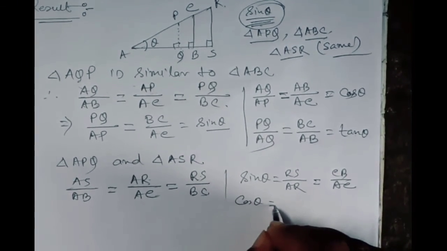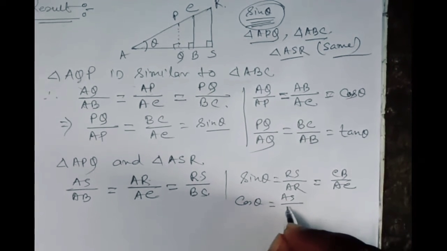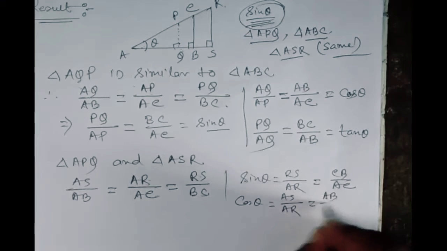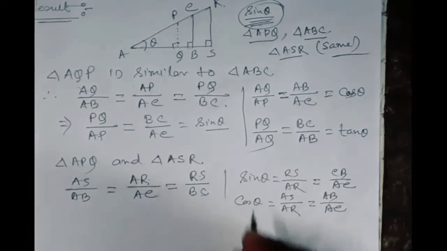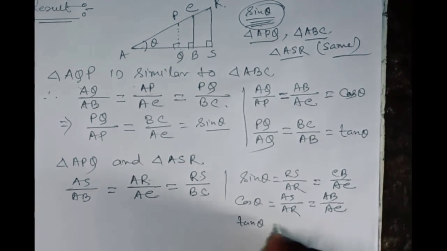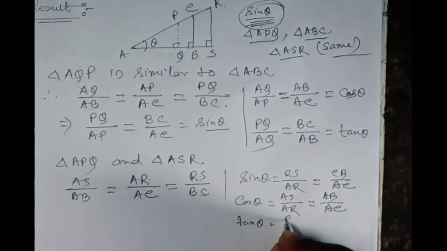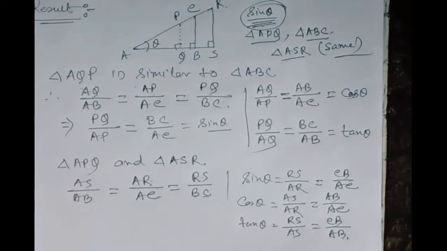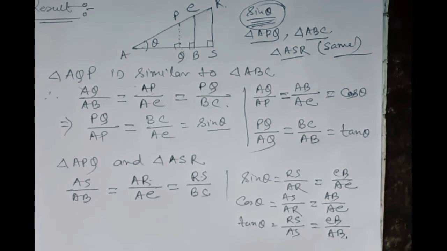Cos theta is equal to AS by AR, equal to AB by AC, and tan theta is equal to RS by AS, equal to CB by AB. Okay. So these are the important results.